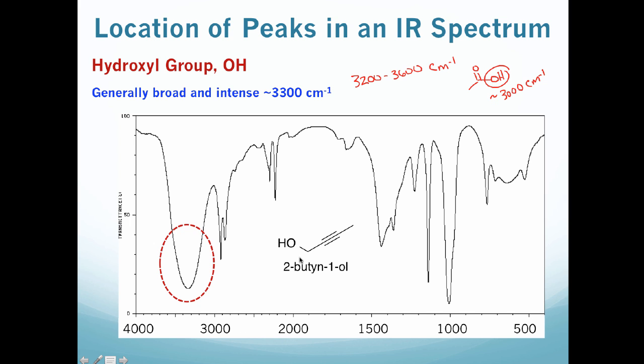So here's the spectrum of 2-butyne-1-ol. We have this hydroxy group, and this broad stretch, it's around 3,350.